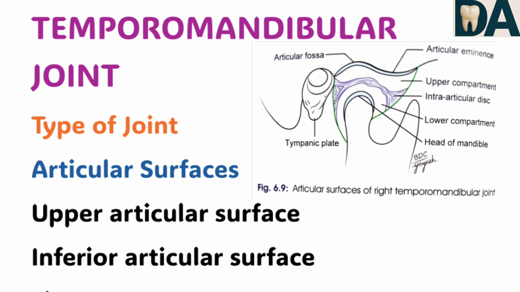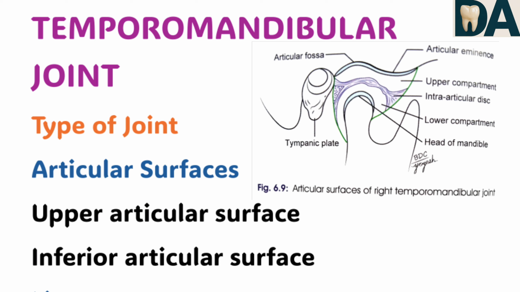The inferior articular surface is formed by the head of the mandible, and the articular surfaces are covered with fibrocartilage. Why is it called fibrocartilage? Because it is made up mainly of collagen fiber and also cartilage. That's why it's called fibrocartilage.